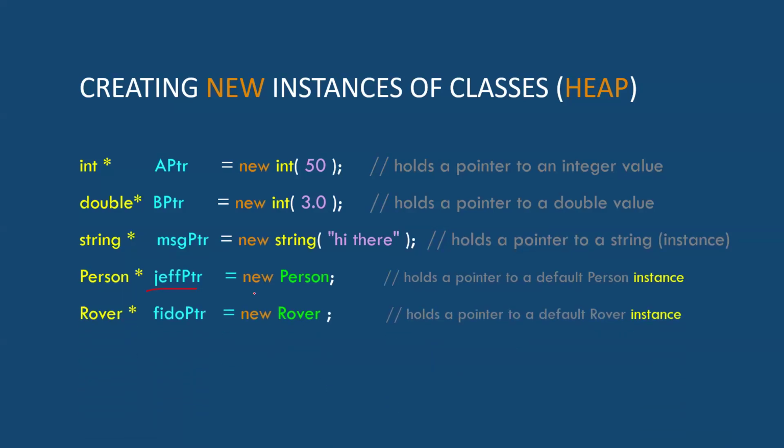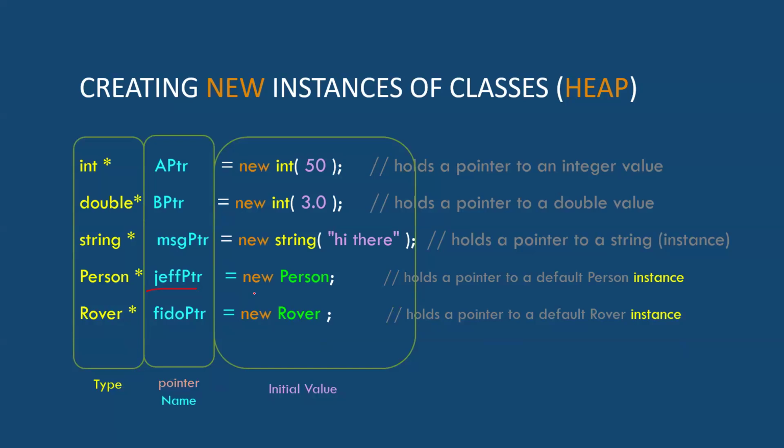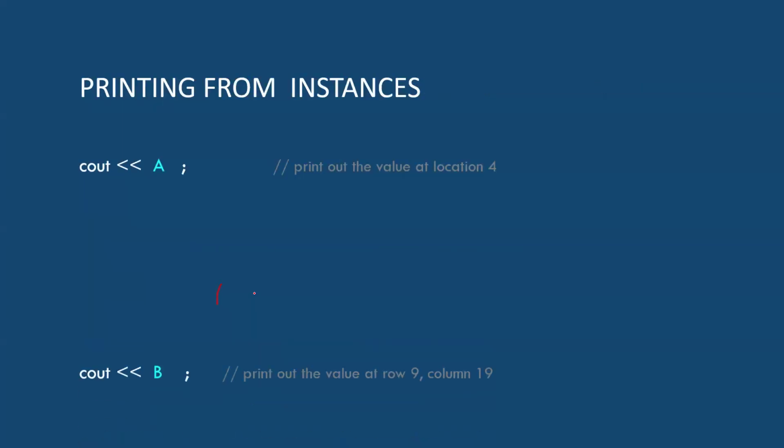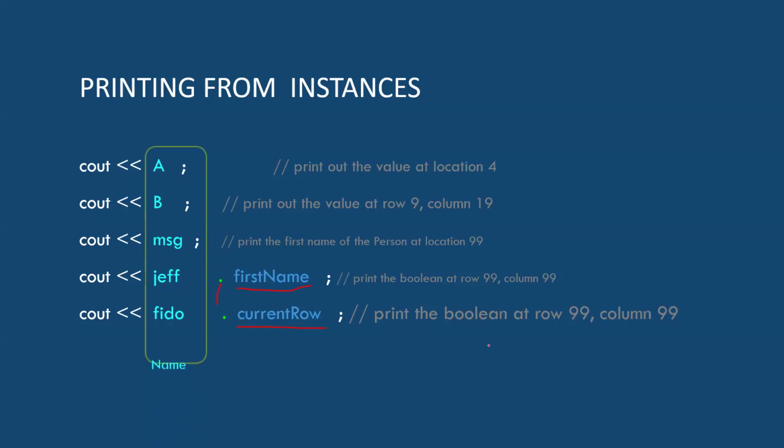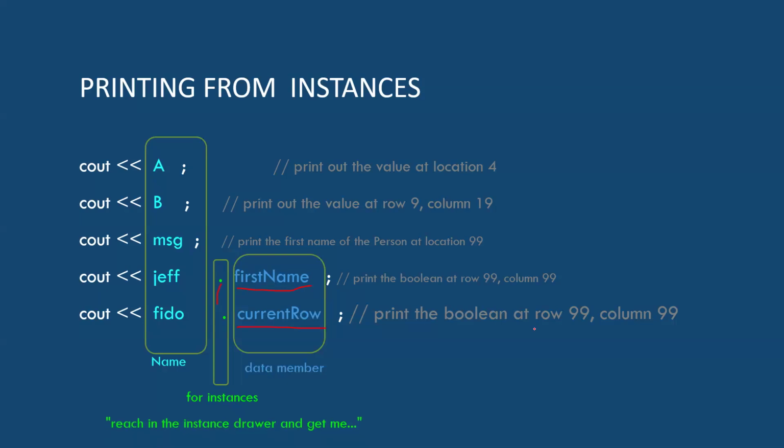So on this slide that's coming up next, if I want to reach inside the Jeff box, I'm going to say Jeff dot some data member, or Fido dot some data member. So if it's an instance, use a dot. Many languages work with that dot. And then we have our data member. So reach inside of the instance drawer and get something.